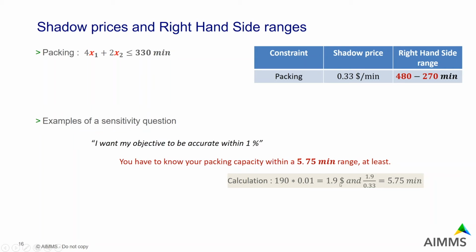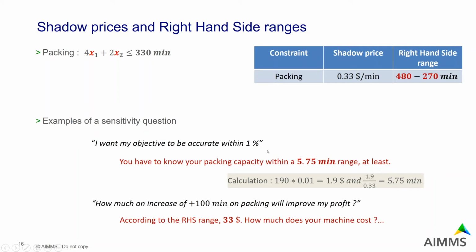We divide that by the shadow price, and we know that our right-hand side, the number of minutes that the packing machine takes, shouldn't be off by more than 5.75 minutes, if this is the only right-hand side that changed.